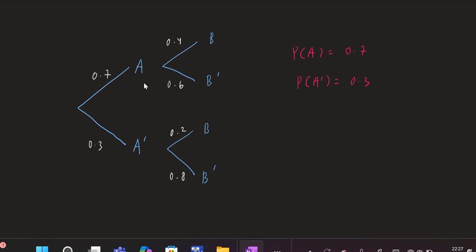So what is the probability of B given A? That would be the probability of B, which is 0.4, given A. Since A is already 0.7, the answer is only 0.4.